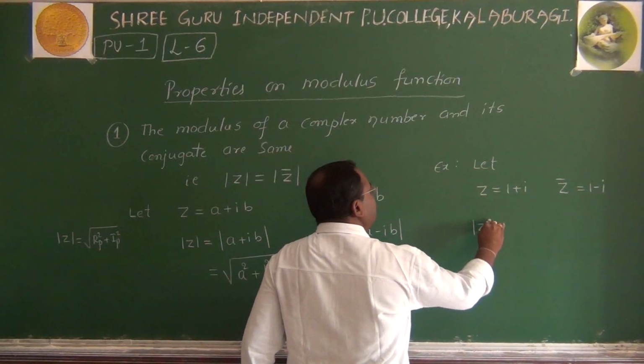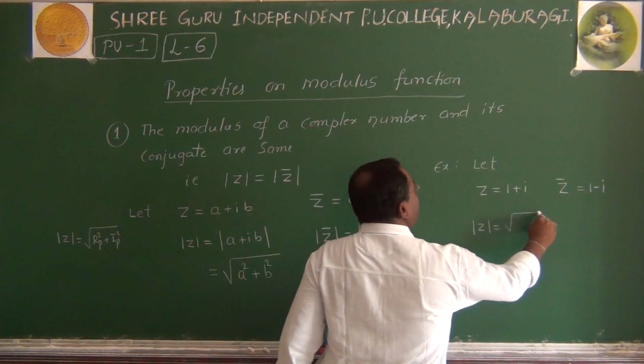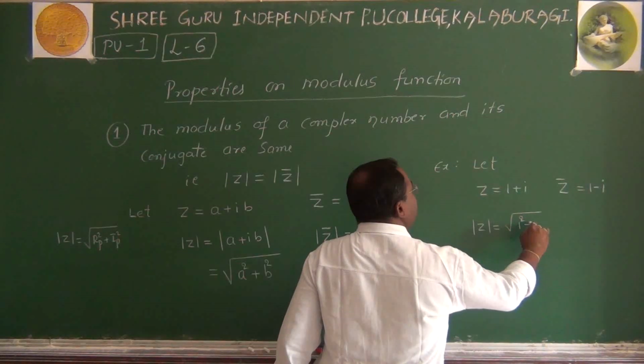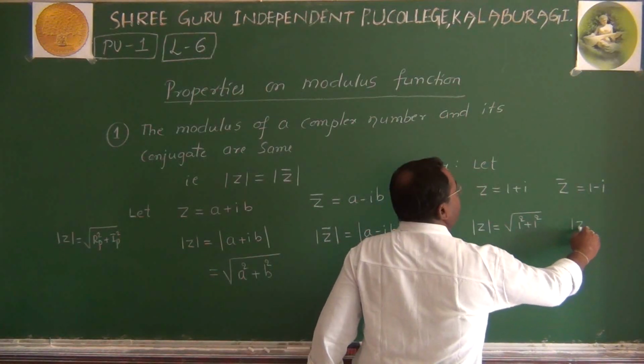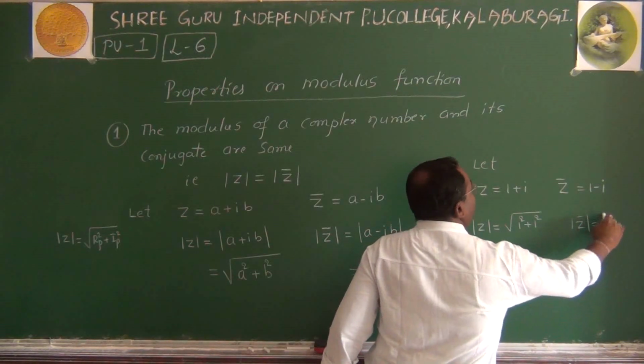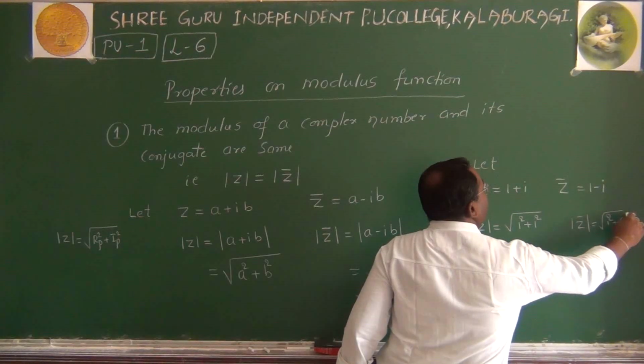Modulus of Z is the square root of real part square plus imaginary part square, and modulus of Z bar is also the square root of real part square plus imaginary part square.